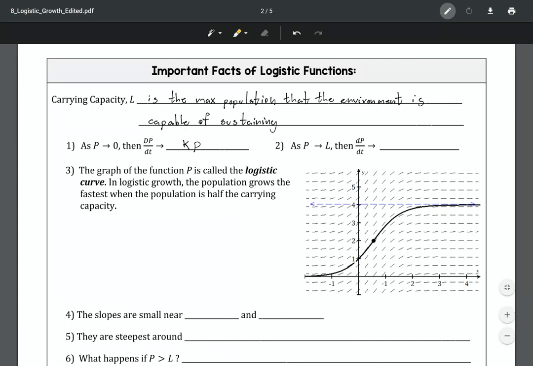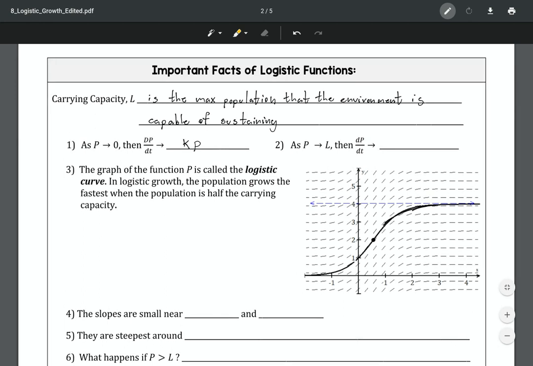And as P approaches, as this population approaches this line right here, hopefully you can see over here, as you approach here, then dP becomes 0. So as you approach the carrying capacity, the limiting factor, then the derivative is going to go to 0.